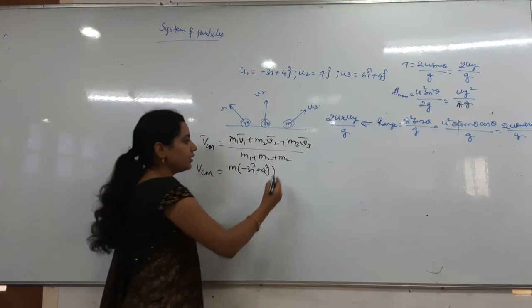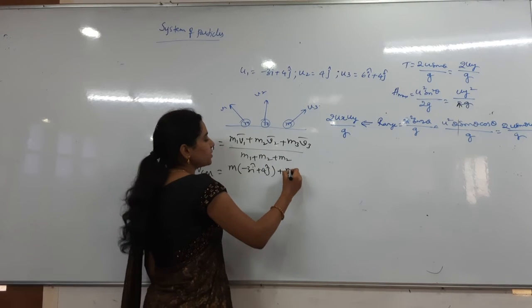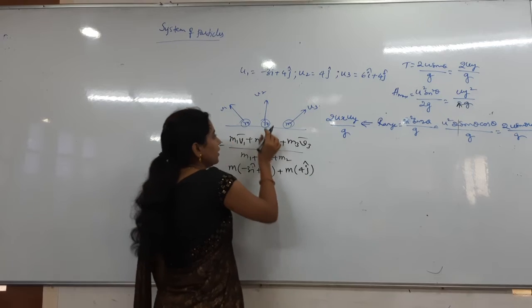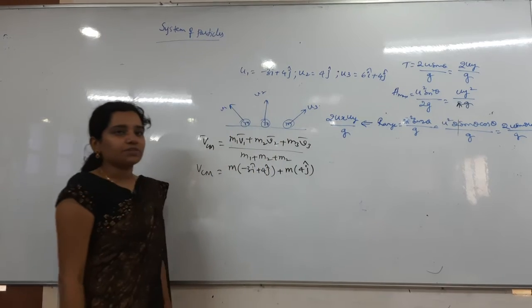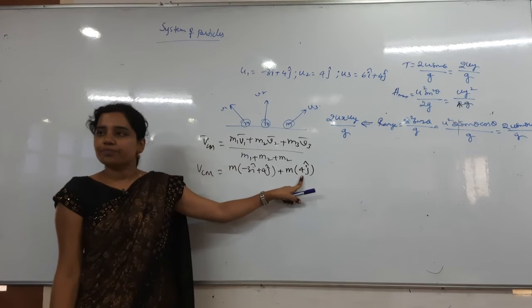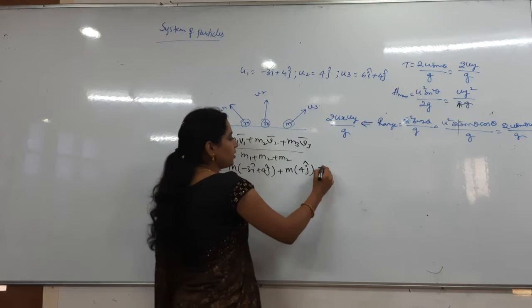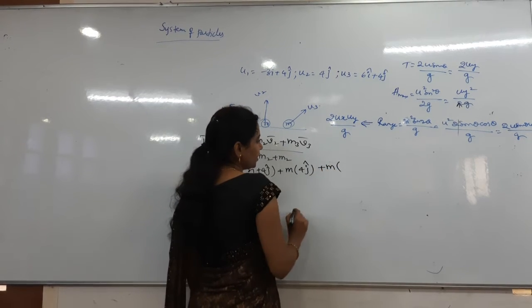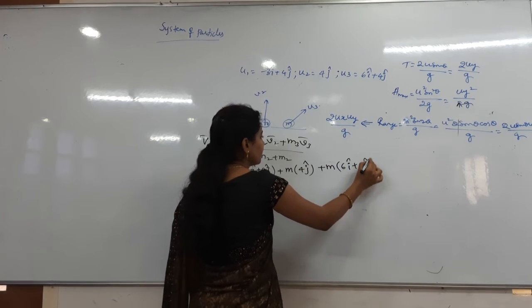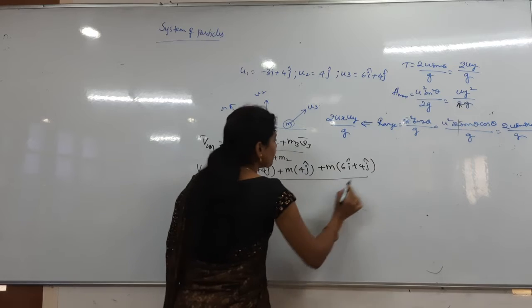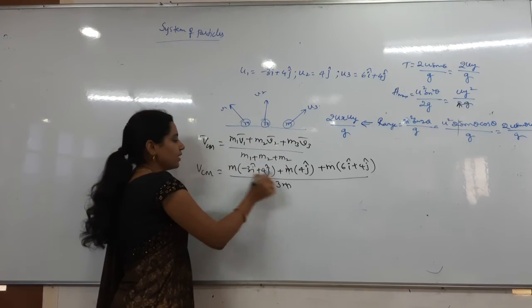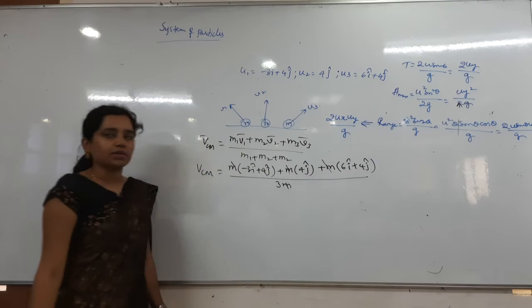Then m2 times v2, which is 4j cap, since the second body is projected only in the vertical direction. Then the third body m3, v3 is 6i plus 4j. That divided by the total mass, 3m. M cancels everywhere, there is no need to write the m.